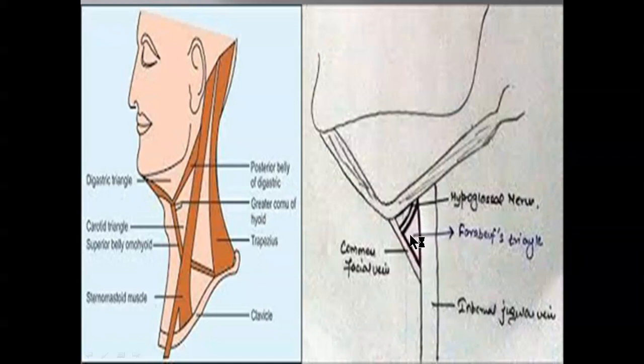The importance of the Farabeuf triangle, therefore, is that it is inside the carotid triangle and is the triangle where the bifurcation of the common carotid artery into the internal carotid artery and the external carotid artery takes place. Same picture: this is the carotid triangle, and inside it we have the Farabeuf triangle for the bifurcation of the common carotid artery.